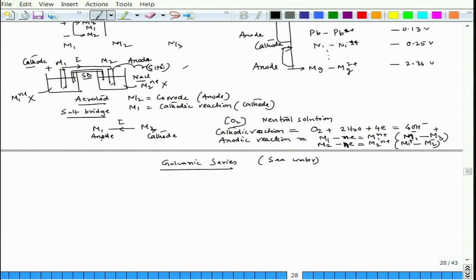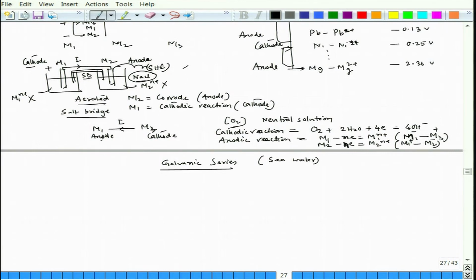And interestingly, before I get to that, you could see that if you change this NaCl solution to some other solution, you might find that M3 might become active compared to M1. So, it is not sacrosanct that if in one particular electrolyte one metal or alloy is less active or noble, that it will remain noble in another solution.